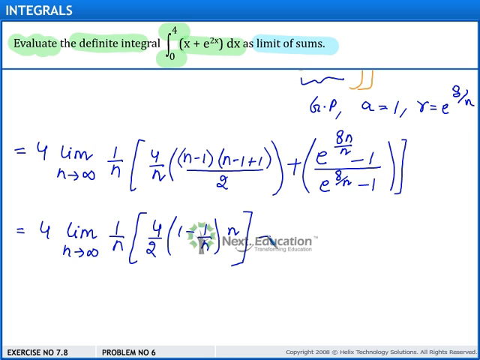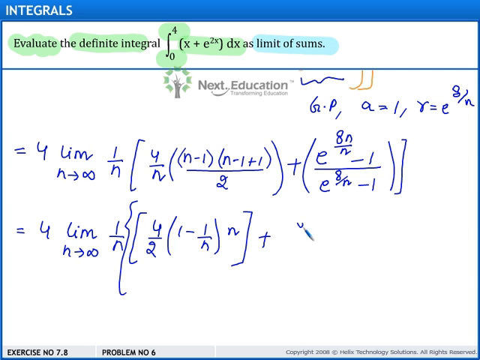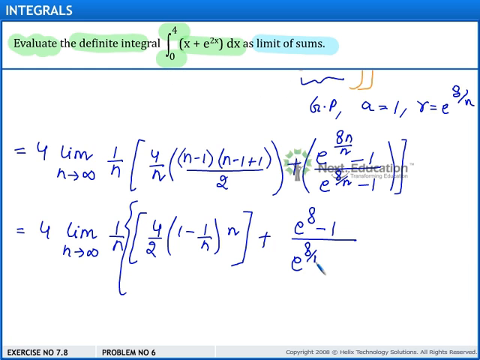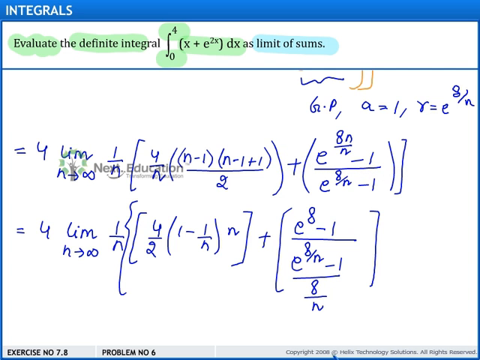Then further we have plus exponential raised to the power 8 minus 1 divided by exponential raised to the power 8 upon n minus 1. Now dividing the denominator by 8 upon n, then n upon 8.